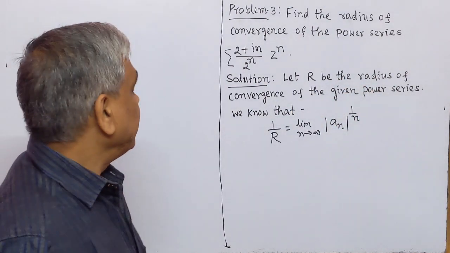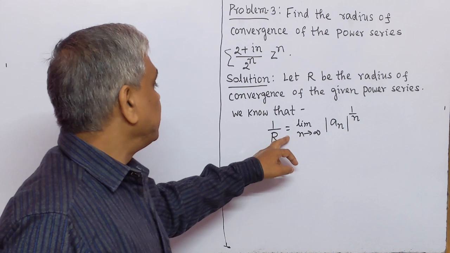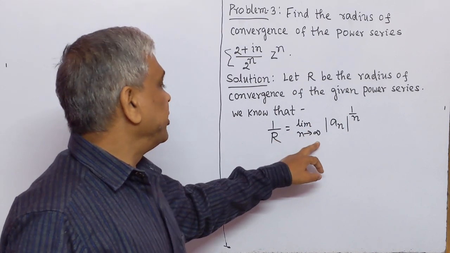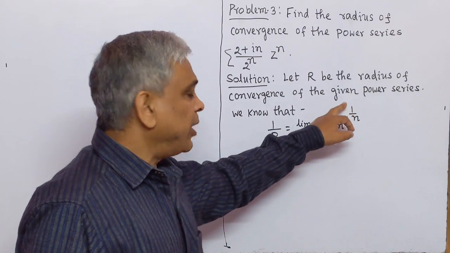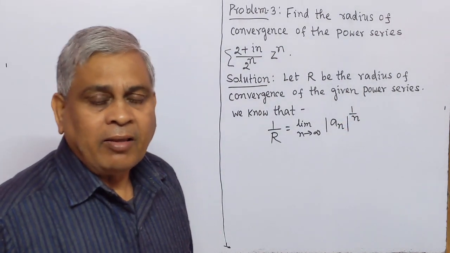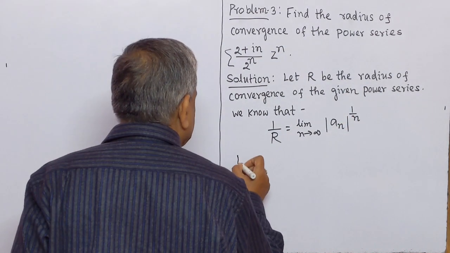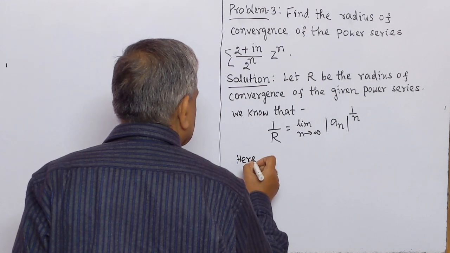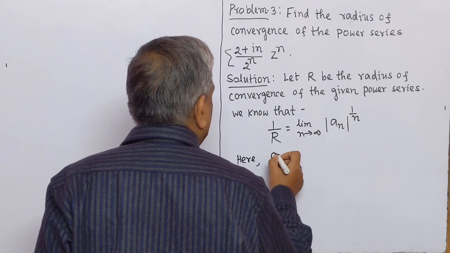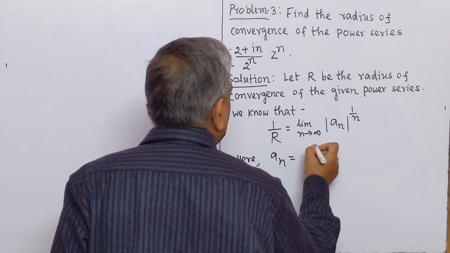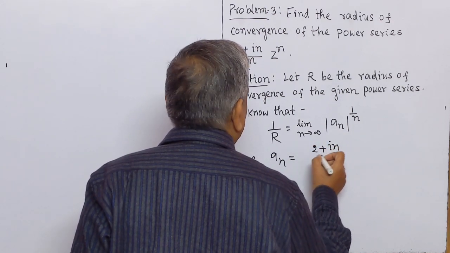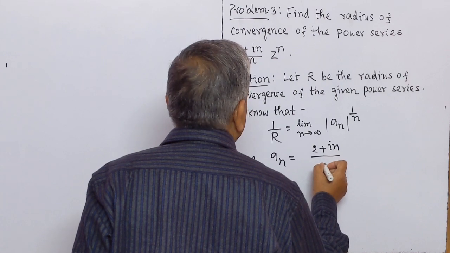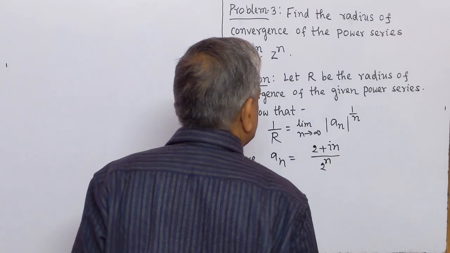We know that 1 by r equal to limit n tends to infinity modulus of an to the power 1 by n. Here an equal to (2 plus in by 2) to the power n.